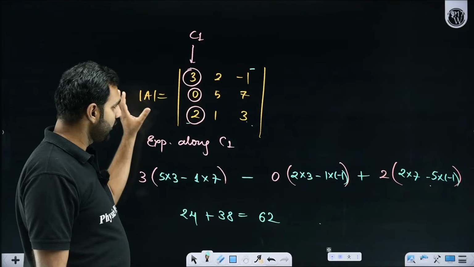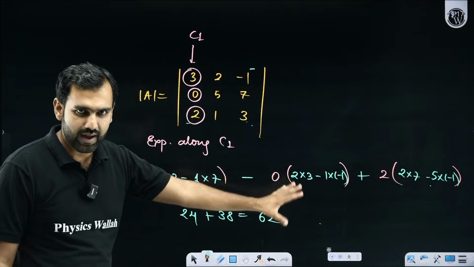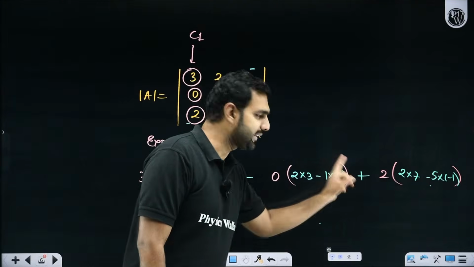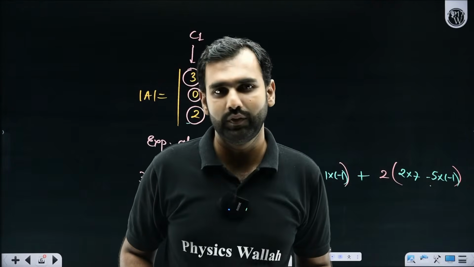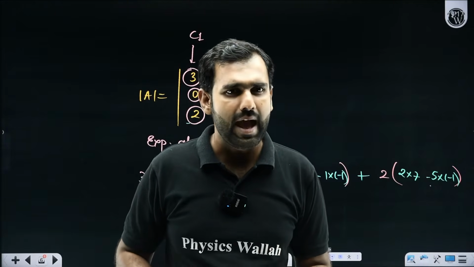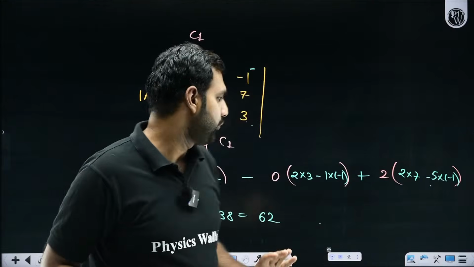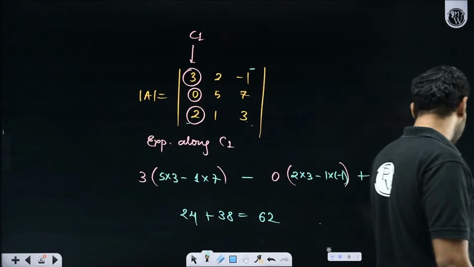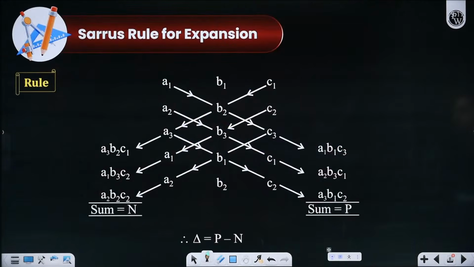Whichever row or column you choose for expansion, if you are following the right expansion method and the right sign scheme, you will always get the correct value of the determinant, and the same value. Have you all digested that statement? Did you all understand that statement? So first of all, when I talked about expanding the determinant with the help of a simple rule, did you all get that?